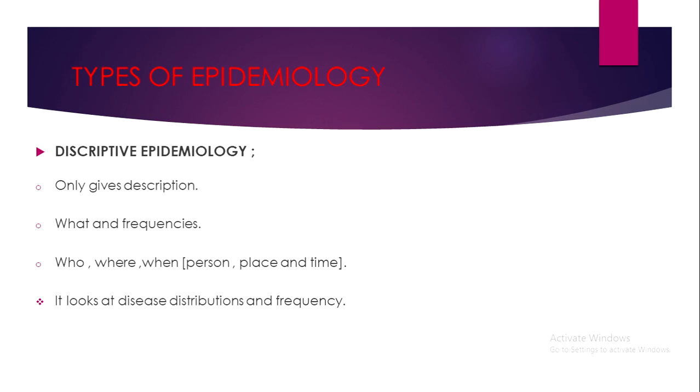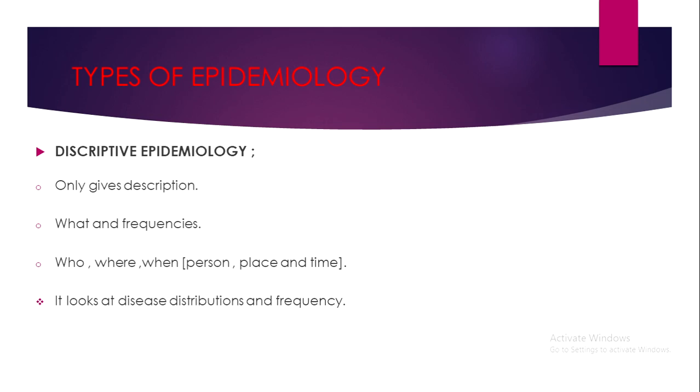So it looks at disease distribution and frequency, but there will be no talk about any association with the risk factor or the outcome, just to give us the description of the disease.